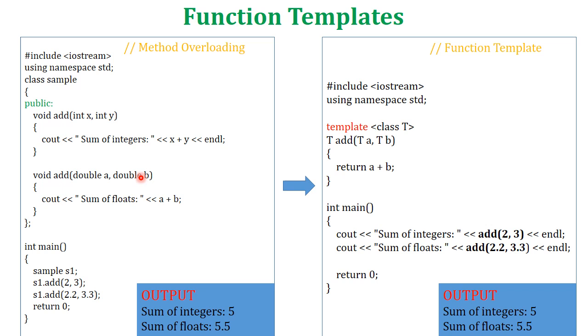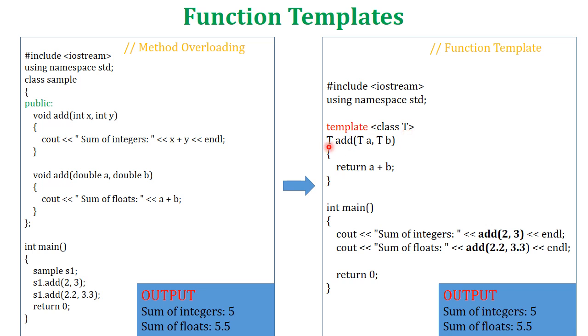The same code, we are going to reduce the number of lines using a function template. So here, include the library. Then here template is a keyword. Within the angle brackets we mention class T, where T is a generic data type. Again the function name.